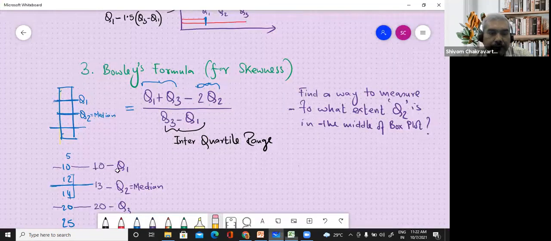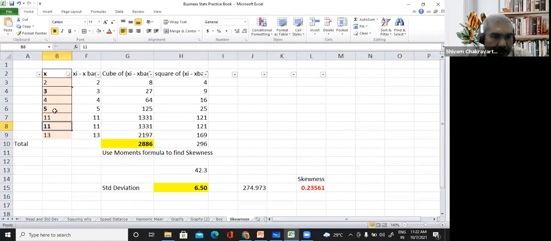So 4 divided by 11 minus 3, that is 8. 4 divided by 8 will be 0.5.